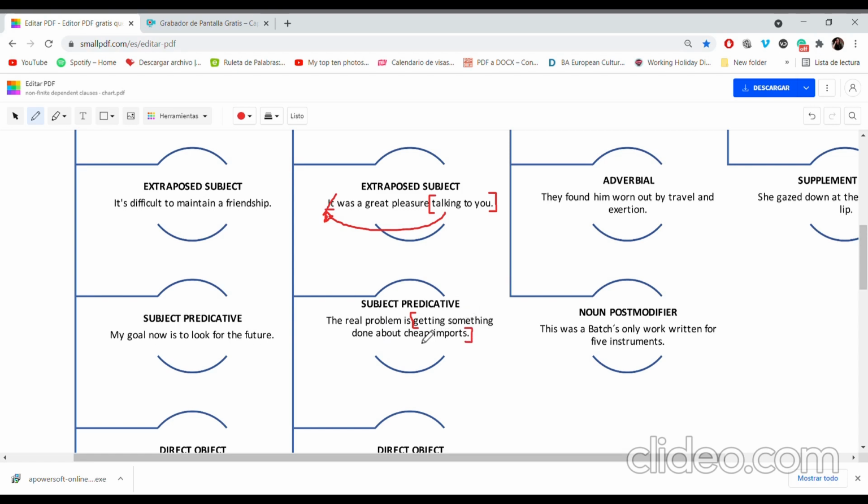Please note, here we said this is an ing participle. Please note that this construction here is not an action in progress. Be careful with that. In this example, the real problem is getting something done about cheap imports. The ing clause is giving us information related to the subject, to what the problem is.